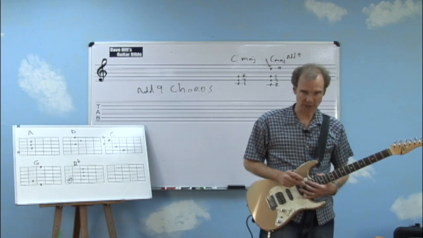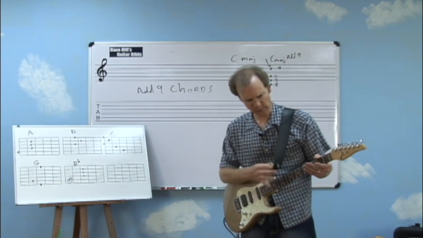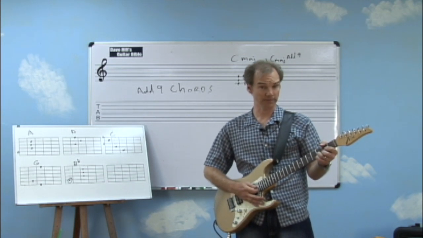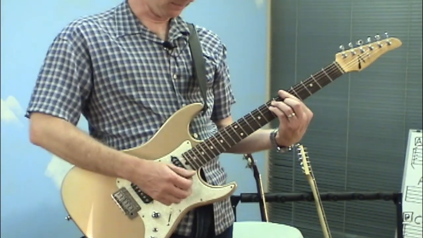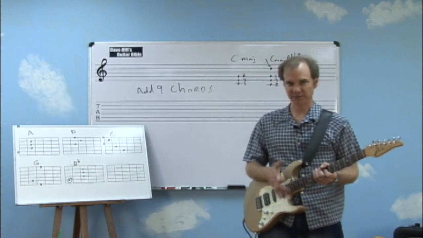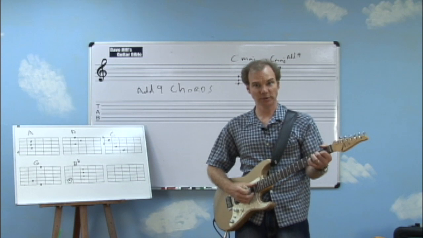But let's talk about what we're going to do today in terms of this lesson. We've covered a lot of ground with the open string chords that we discussed for a while in our first lessons, and we turned those into movable bar shapes that we've talked about playing in a variety of different spots, and those are going to be used a lot in this lesson. But what I want to do is go back to the open string chords.